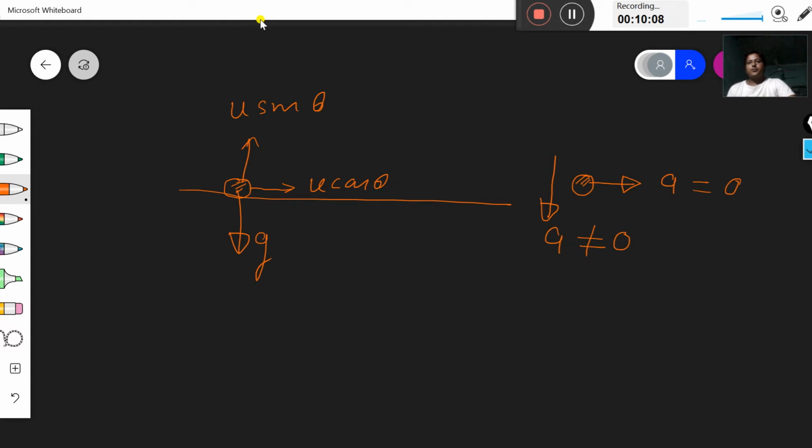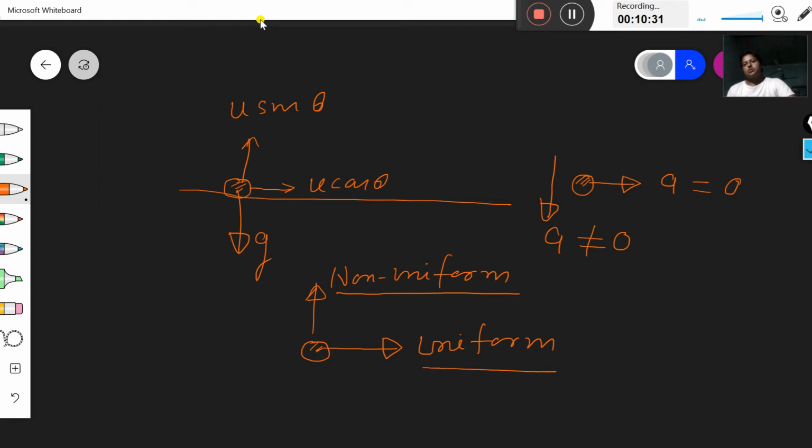So in horizontal direction motion is uniform, and in vertical direction motion is non-uniform. So in oblique projectile motion, body moves such that horizontal motion is always uniform and vertical motion is always non-uniform.